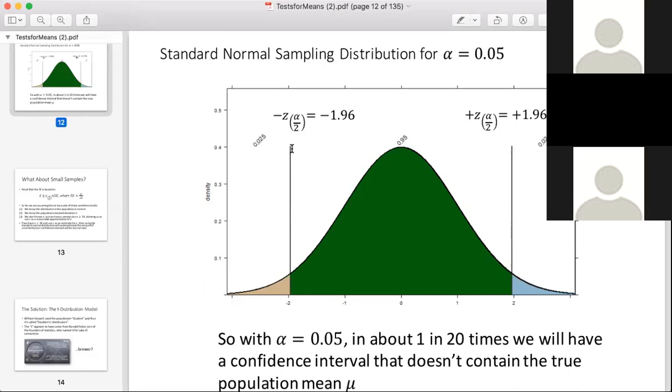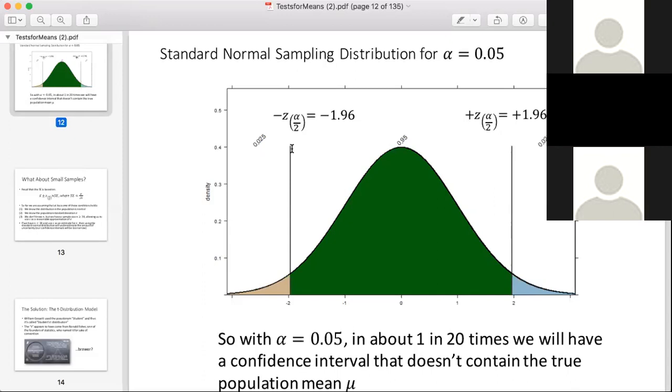So that means that, as you can see in this diagram, any test statistic that falls in between those two critical values, in the region colored green, you will not reject the null hypothesis.